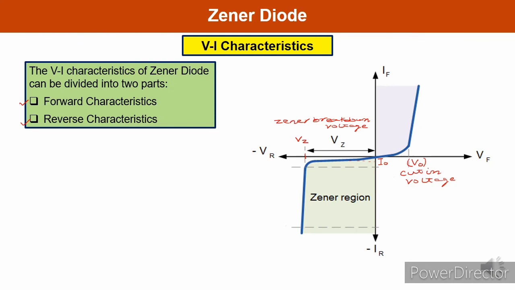And after breakdown occurs, you can see after this particular point, the voltage across the Zener diode remains constant, which is equal to Vz. You can observe from this region to this region, the voltage Vz is constant, and any increase in the source voltage will result in an increase in reverse Zener current.